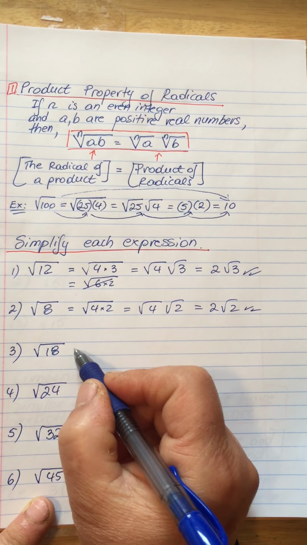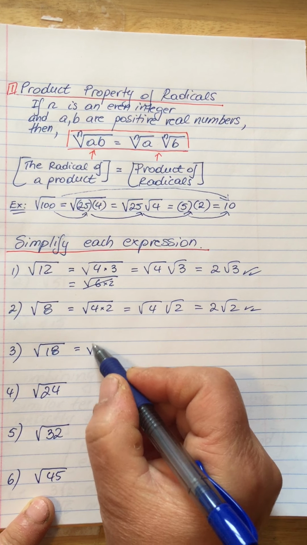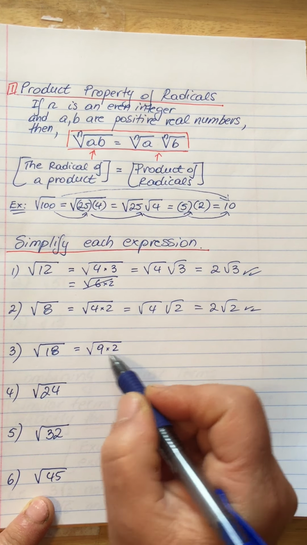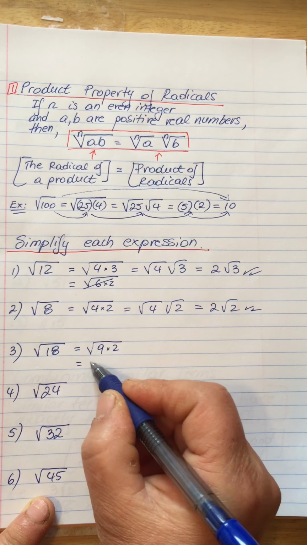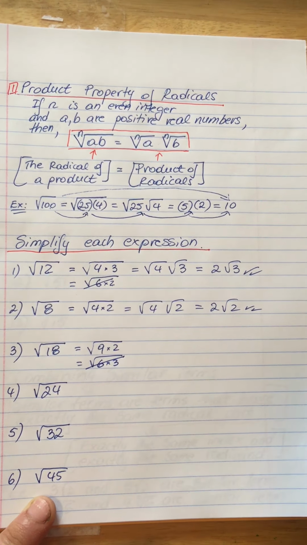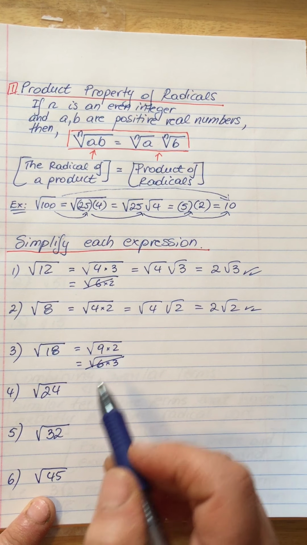So 18. 18 is 9 times 2. Why am I interested in writing 9 times 2? Because 9 is a perfect square number, and when I separate, I know the square root of 9. 18 is also 6 times 3, but I'm not interested in those two numbers. None of them is a perfect square, so they cannot help me.